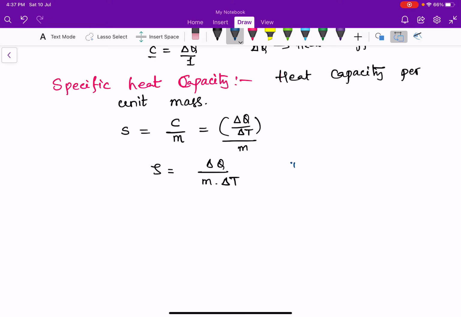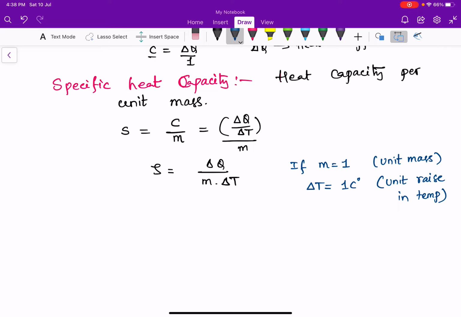Now if M is equal to 1, M equal to 1 means per unit mass. If the rise in temperature, if delta T is equal to 1 Celsius degree, that is unit rise in temperature, unit change in temperature or unit rise in temperature.